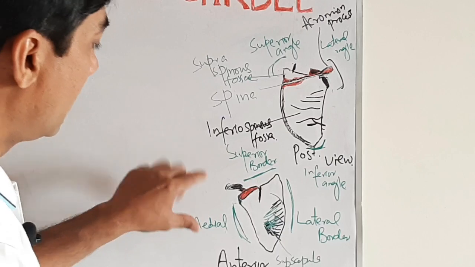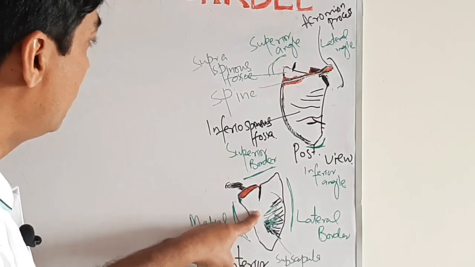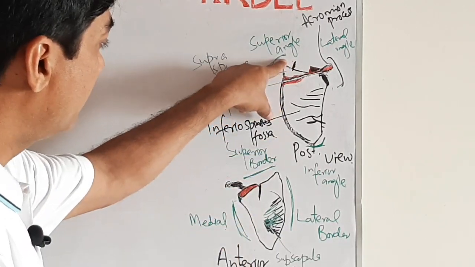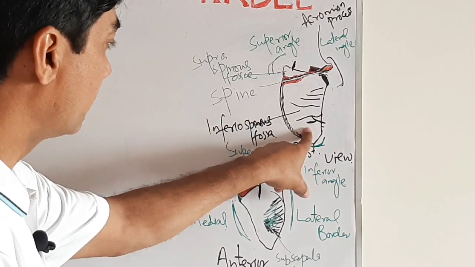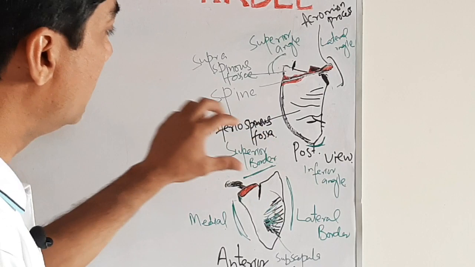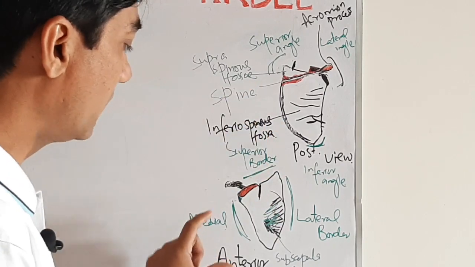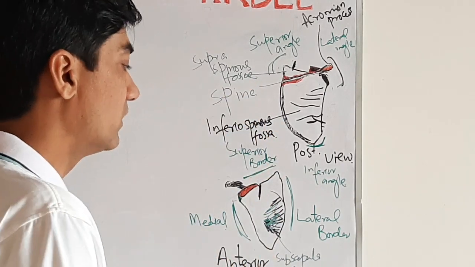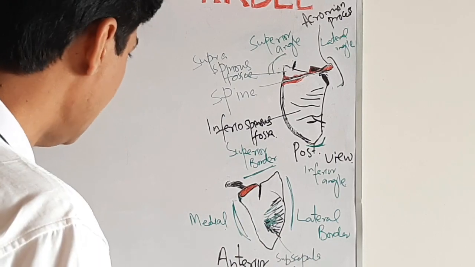The three fossas are the subscapular fossa, supraspinous fossa, and infraspinous fossa. The scapula is held in place due to muscle attachments over these three fossas.